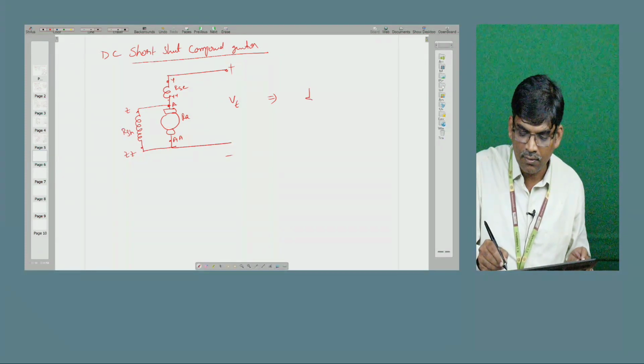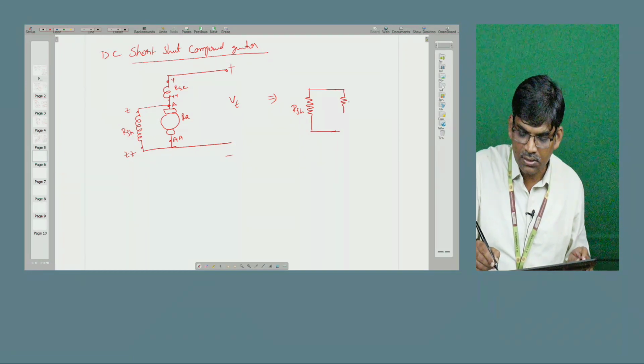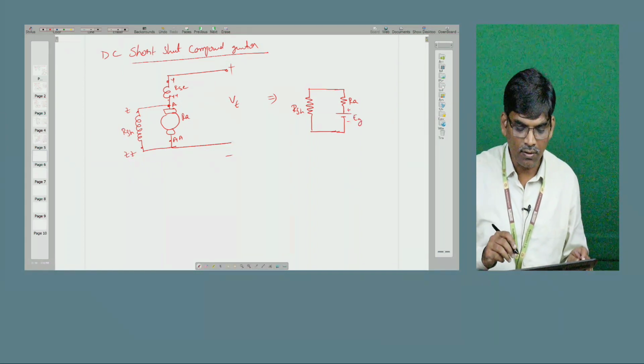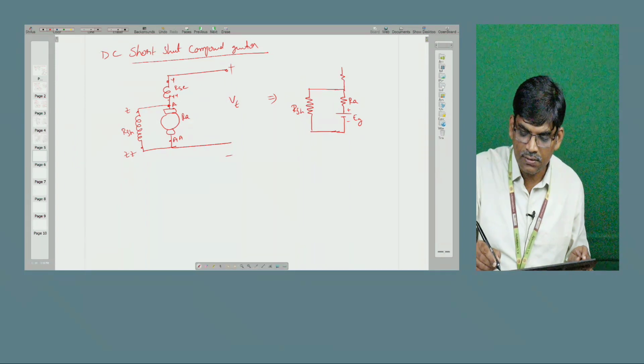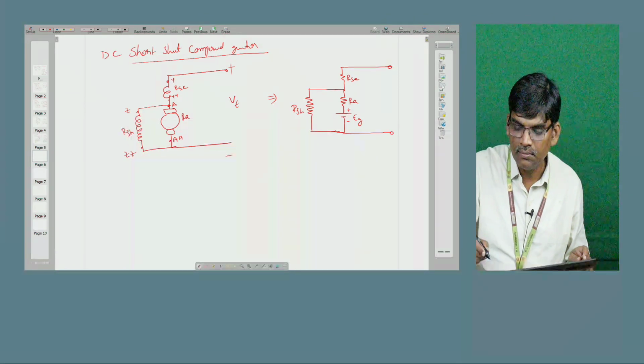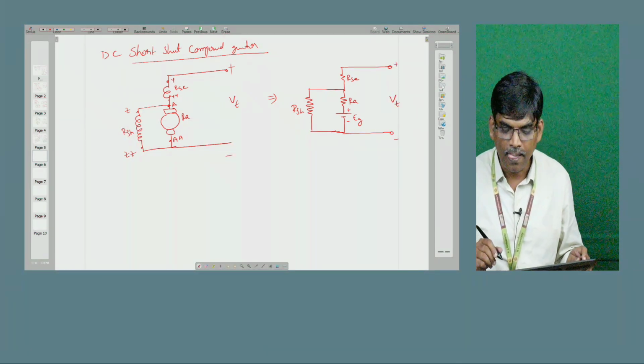The shunt field winding offers the shunt field resistance RSH, and the armature winding offers resistance RA. This is EZ, the voltage developed, and the series field winding offers the resistance RSC. This is the circuit diagram, where the voltage VT is applied.